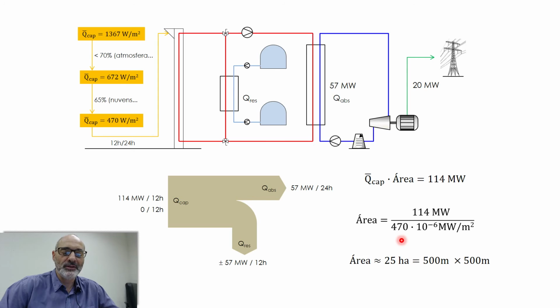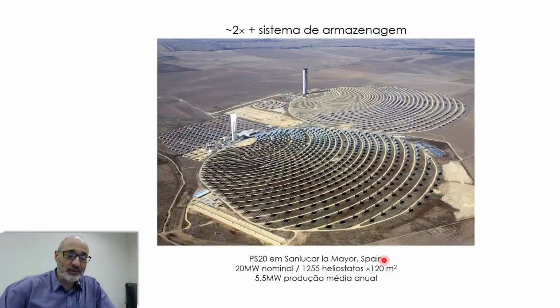Well, when we make the calculations, 114 divided by 470, okay, we get an area of 25 hectares. Okay, 25 hectares. Roughly an area of 500 meters, a square of 500 meters by 500 meters. Okay, and this actually corresponds almost exactly to one of these units. This is a coincidence actually.